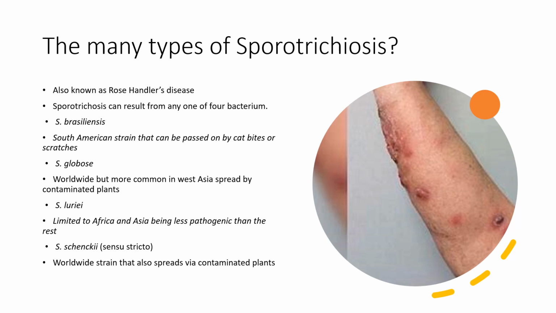S. brasiliensis is a South American strain that can be passed on by cat bites or scratches, but may also be present in contaminated plants. S. globosa is a worldwide strain, but is mainly found in West Asia and is spread by contaminated plants.